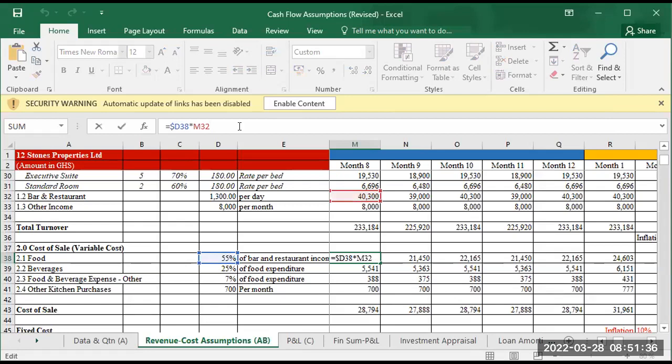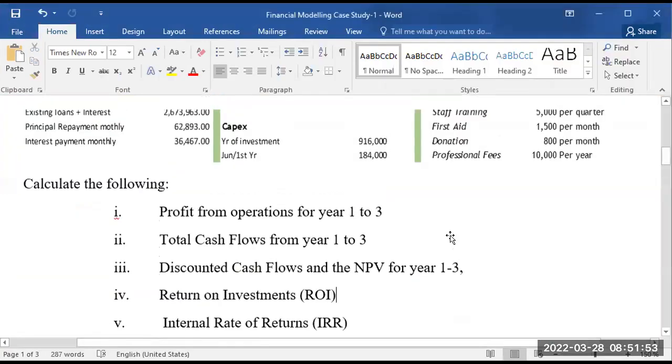We're told it's 55%, and then we multiply the 55% by how much? 40,000. Because we're told that for bar and restaurants, right? Well, let's go back and check bar and restaurant.